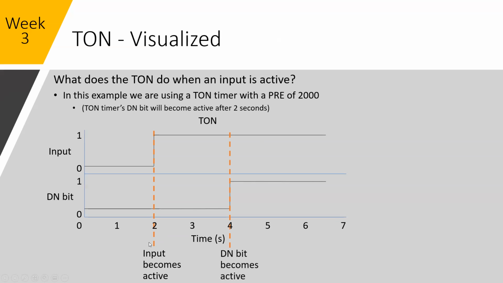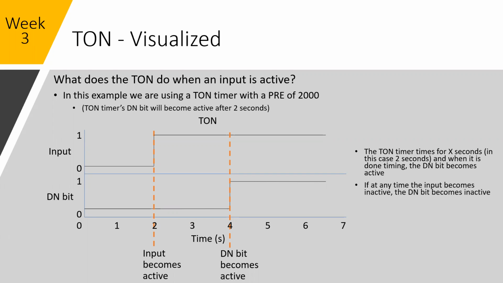Then 2 seconds, or 2,000 milliseconds, later, the input is still on. After 2 seconds, the timer done bit will transition to on. So the TON timer times for X seconds, in this case 2, and when it is done timing, the done bit becomes active.